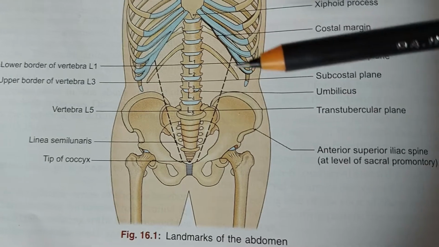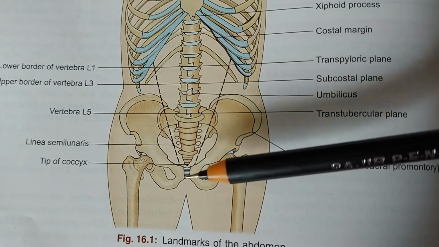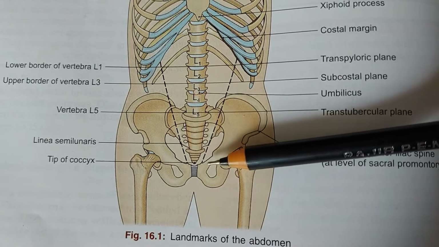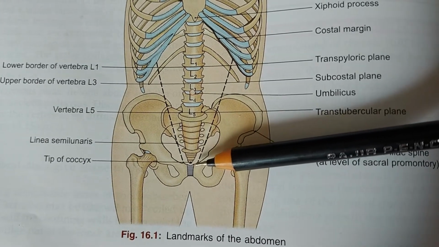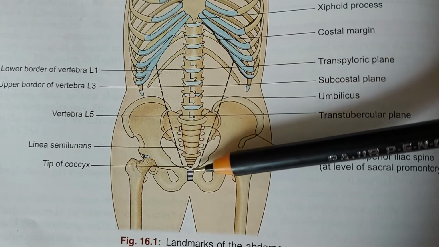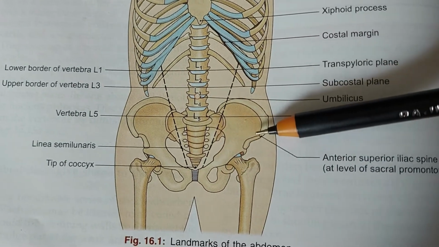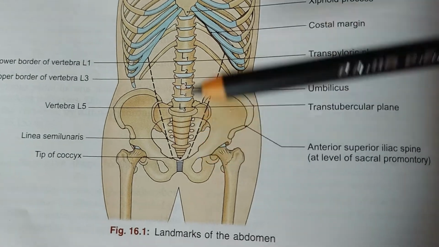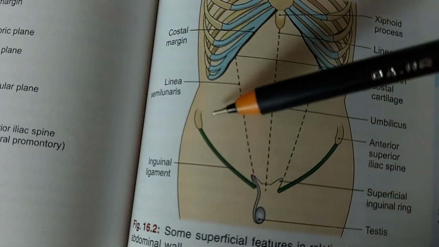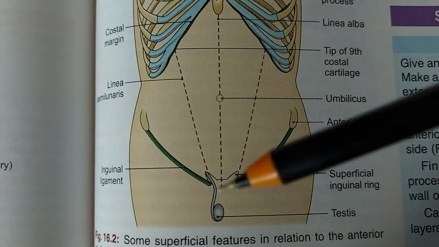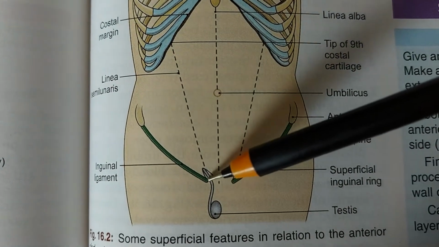And along with this, here is the symphysis, pubic symphysis, and here is the pubis bone, and this is the pubic tubercle. There is a ligament connecting the anterior superior iliac spine to the pubic tubercle. Here we see this is the anterior superior iliac spine, and here is the pubic tubercle.